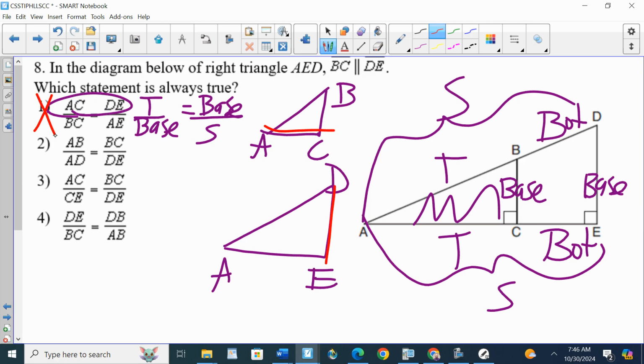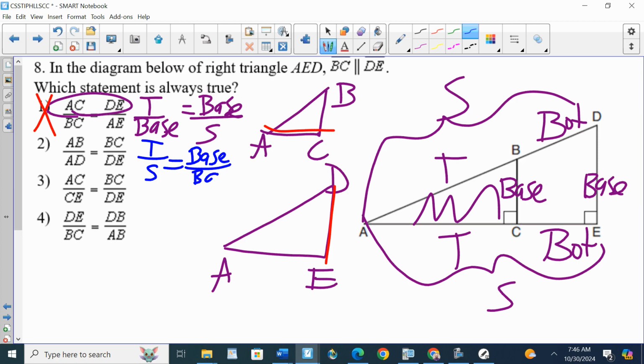What we're doing right now is based on determining if a proportion is correct in general, which is a different lesson that there's a video for. Choice 2: AB is a top over AD is a side equals BC is a base over DE is a base.